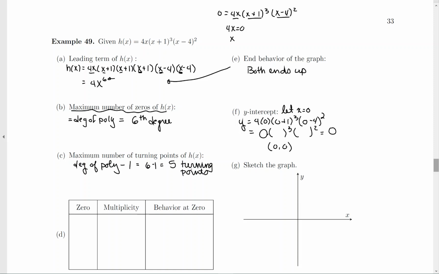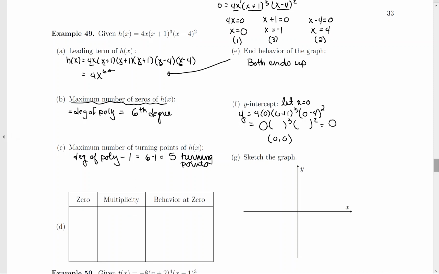Divide both sides by 4, 0 divided by 4 is 0. x plus 1, don't worry about the cubed, that's the multiplicity, that's the number of times that answer would have shown up. x equals negative 1 is an x-intercept that showed up 3 times as an answer, and then x minus 4 equals 0, x equals 4 would have shown up twice as an answer. Now 4x, the degree on that is 1, so it would have only shown up 1 time as an answer.